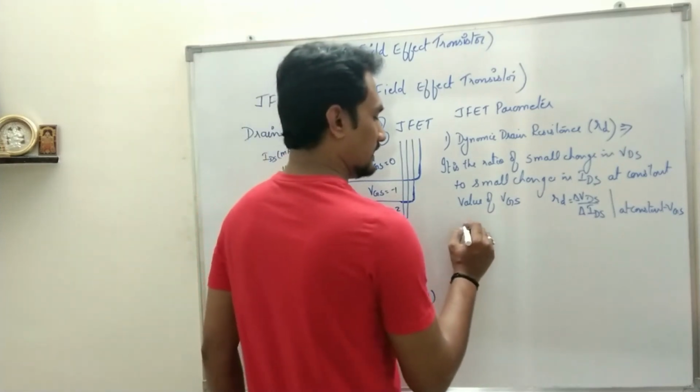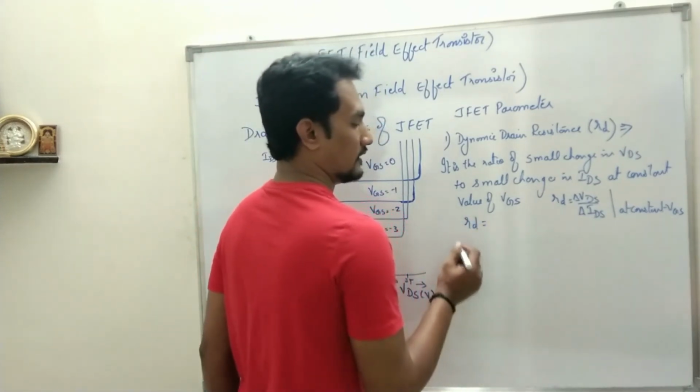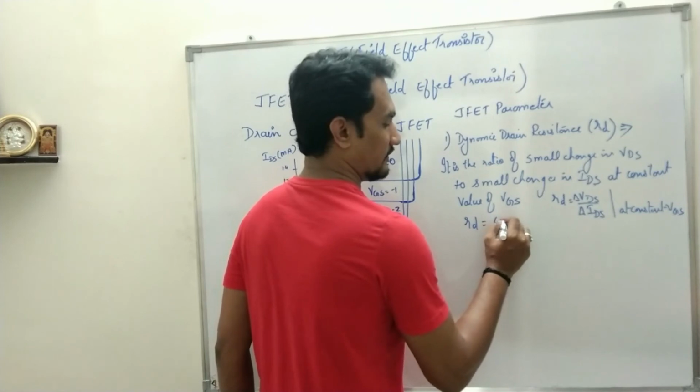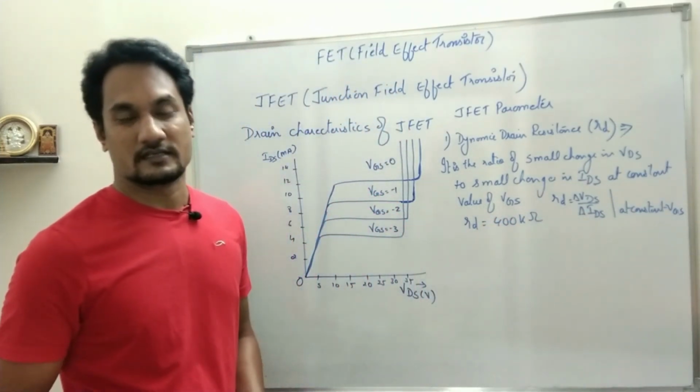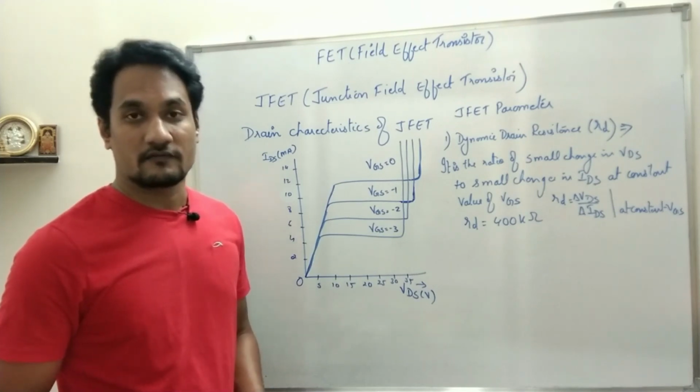Typically RD for an N channel or a P channel JFET is around 400 kilo ohms. Basically it's the impedance of the circuit.